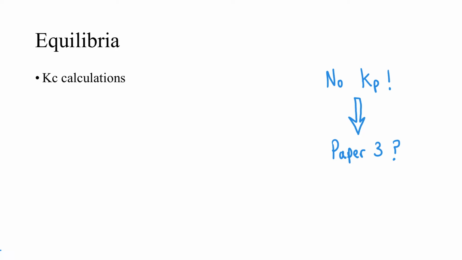In terms of Equilibria, there was a little Le Chatelier's principle on Paper 1, so perhaps that won't come up again at all. But there were no questions about the equilibrium constant Kp, and that can't come up on Paper 2, so perhaps they're saving that ready for Paper 3. I think an equilibrium constant Kc calculation is a good bet for Paper 2, as well as which we could explore the factors affecting the value of Kc.